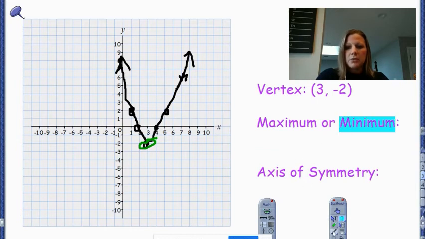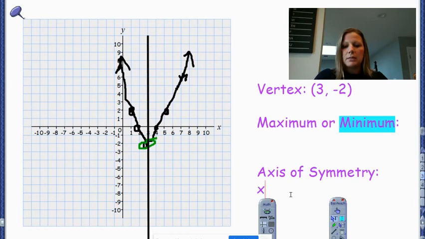And my axis of symmetry is the line in which I could cut my parabola in half and the left side matches the right side. So right here, it is going to be an x equals equation. So x equals, and I'm at 1, 2, 3, x equals 3. And that's my axis of symmetry for that parabola.